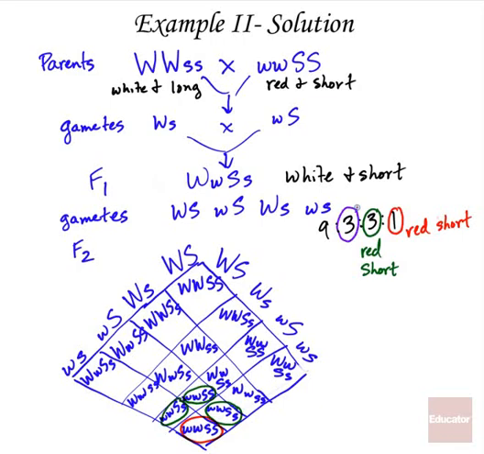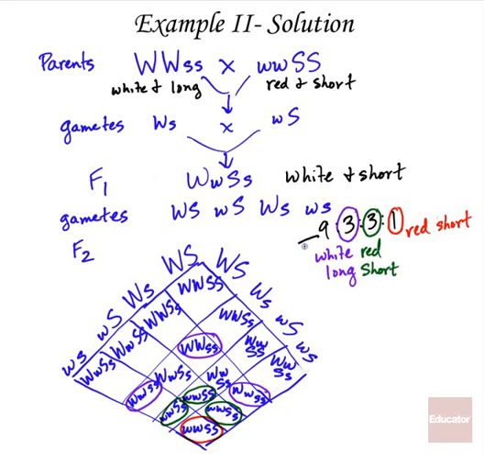Okay. Now we're looking for the ones that are white. We want to see the ones that are white. Let's see here. So we have white and long, white and long, and white and long. All right, so these are white and long. Now the other 9 are going to be the ones that are left.